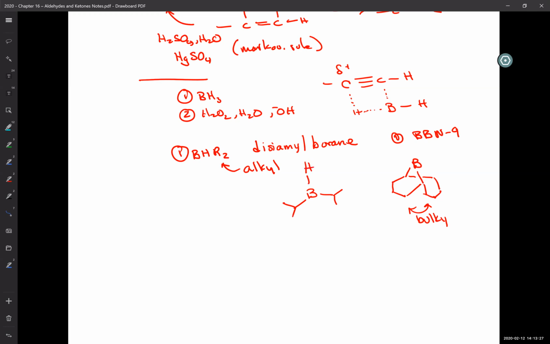In 9-BBN, it's all one ring, and in disiamyl borane, it's two different large alkyl groups. The sterics of these larger alkyl groups on the boron cause the hydrogen to add preferentially to the least sterically hindered carbon, which is the terminal one. This is how you get an aldehyde instead of a ketone.